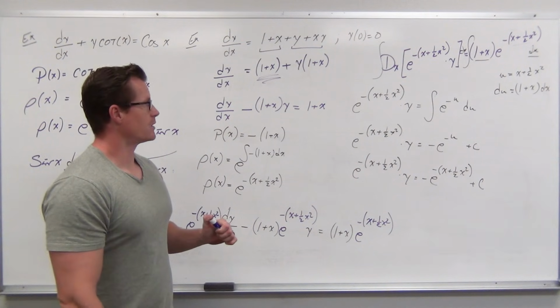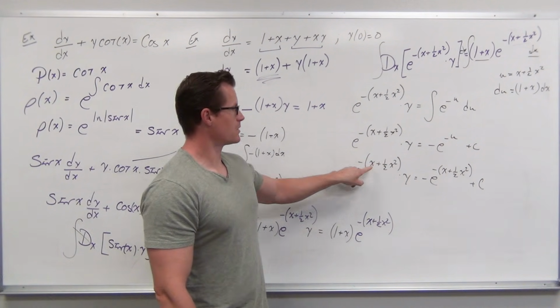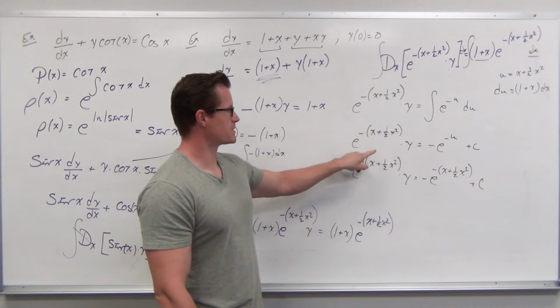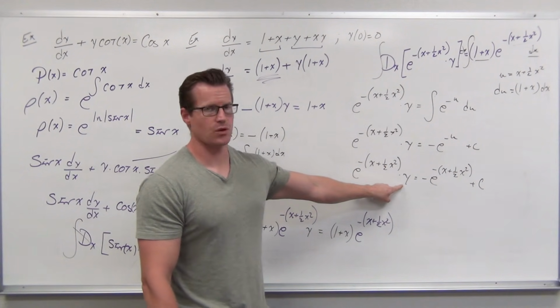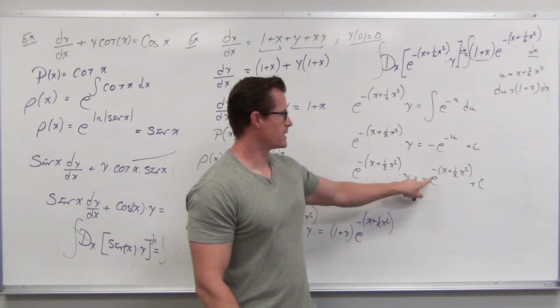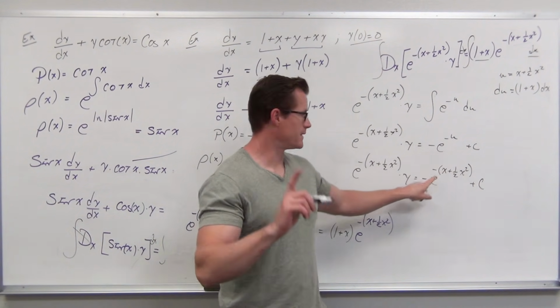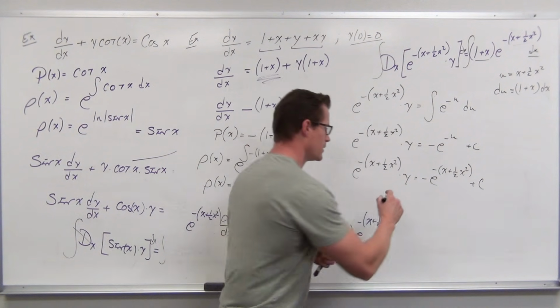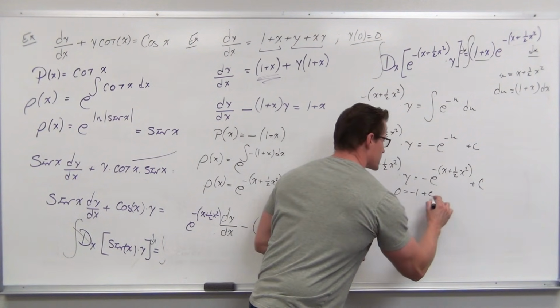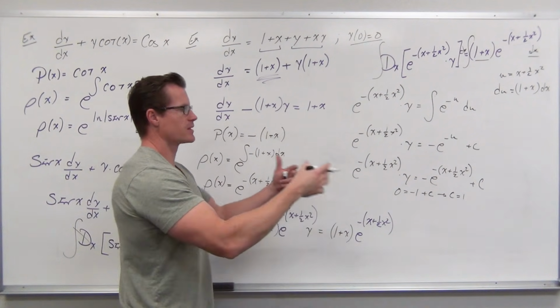So if we plug that in, this gives us 0. So 0 plus 0, e to the 0 is 1. This gives us 0, so the whole left side is 0. On the right-hand side, you would have 0 plus 0, that's 0. E to the 0 is 1, that's negative 1. So 0 equals negative 1 plus c, so c equals 1. And let's go ahead and put that in there.